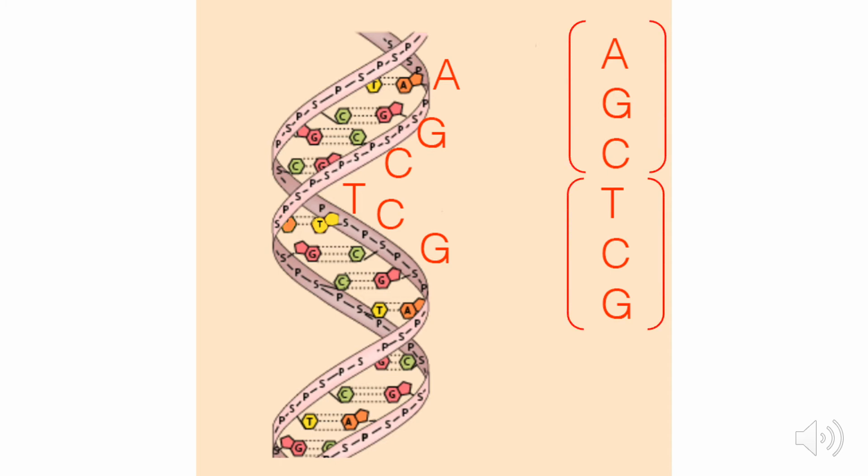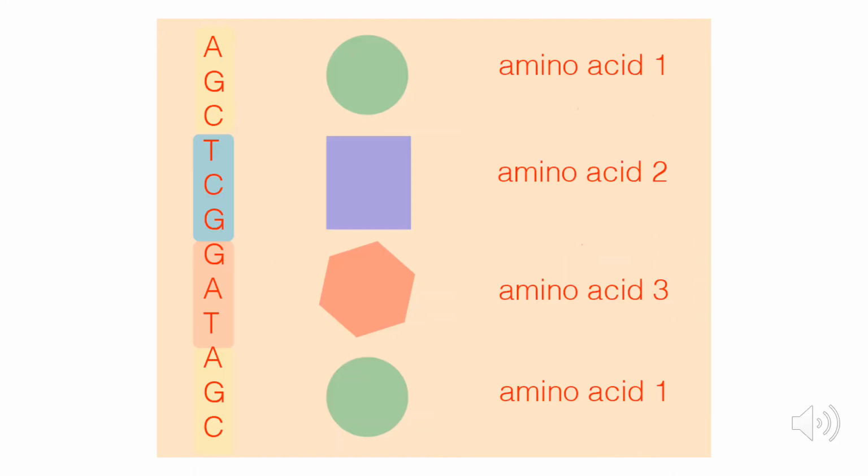To interpret the code, we have to group the letters into sets of 3. These are the instructions that the cell uses to make a protein. Proteins are made of long chains of amino acids held together by chemical bonds.